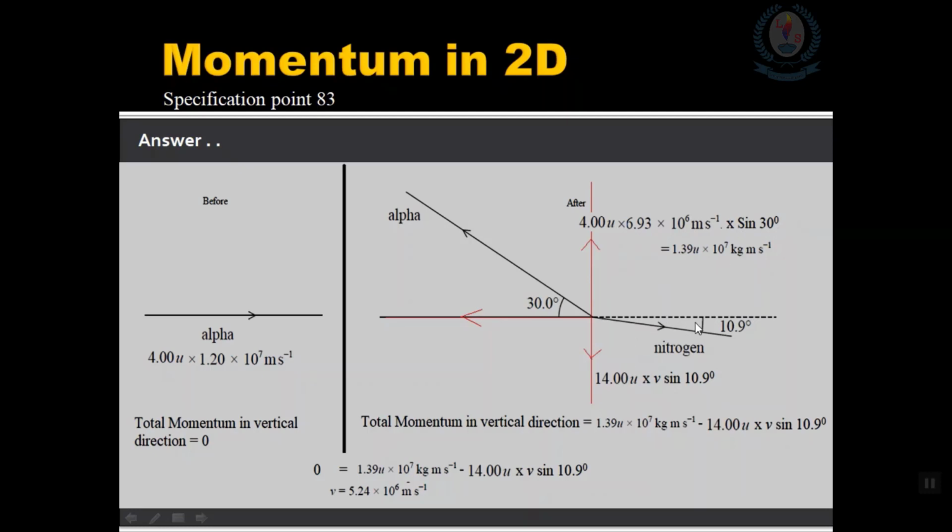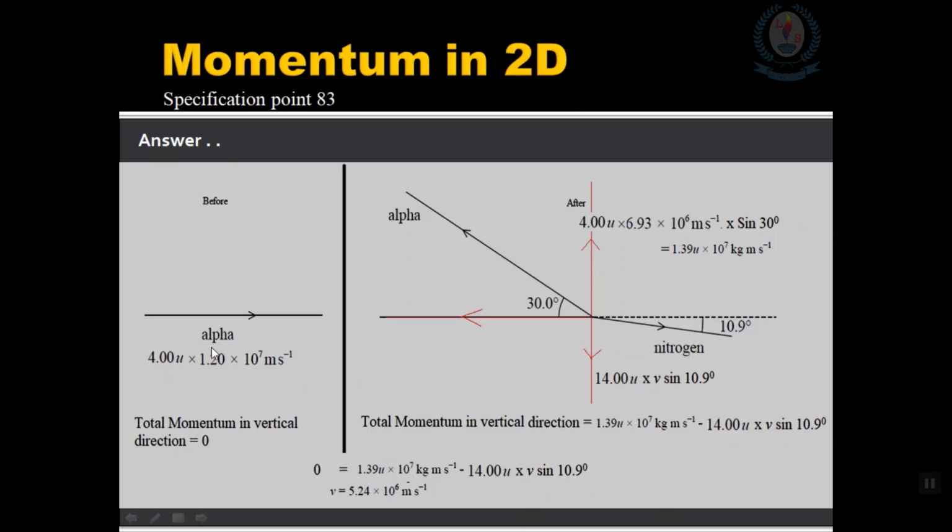Then we will think of nitrogen. Nitrogen would have a downward momentum of 14u into v, we don't know, sine 10.9, and horizontal rightward momentum of 14u into v cos 10.9.